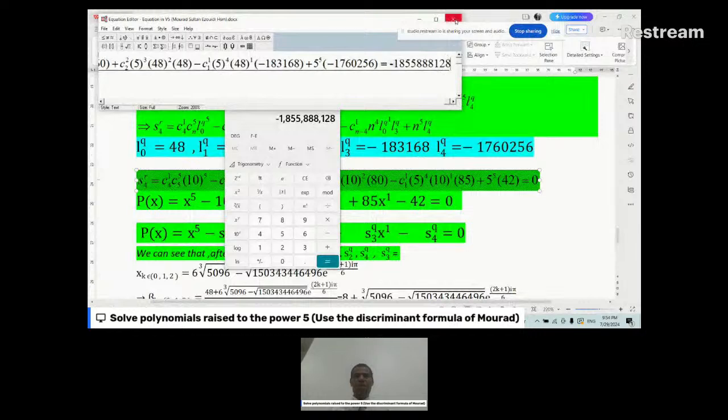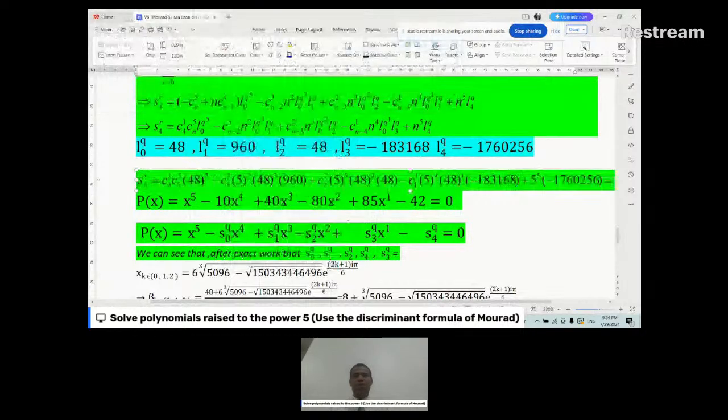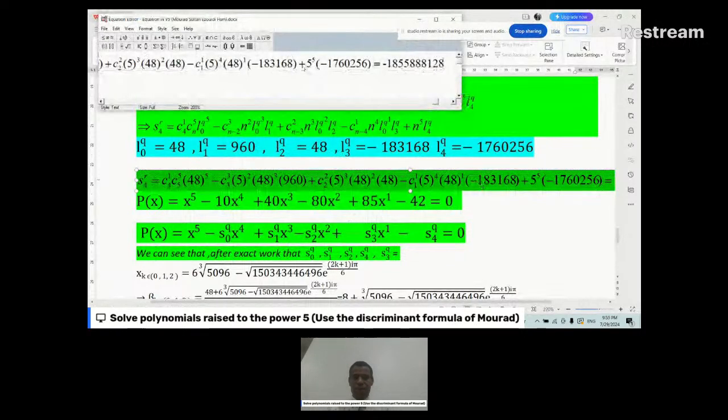This is the value of S4. I will try to write it down, it's better.